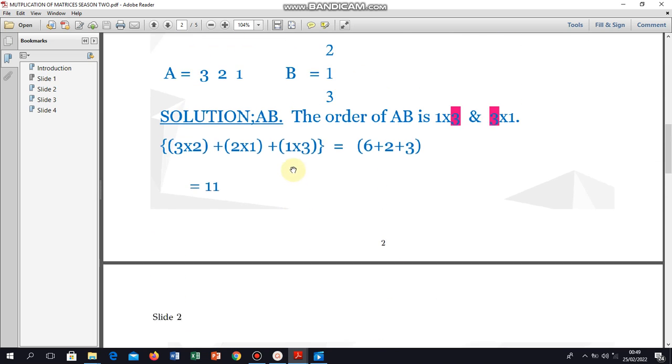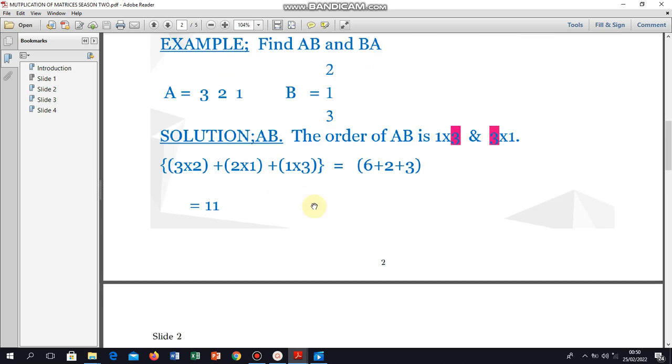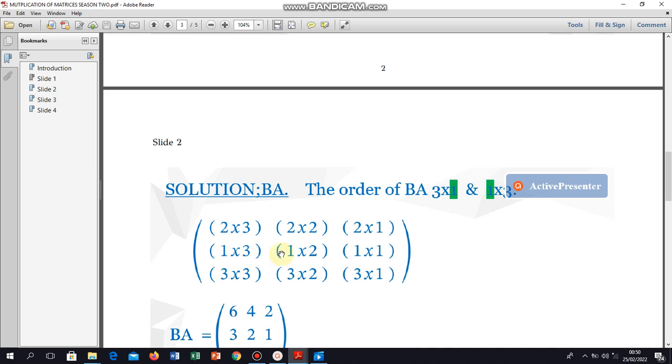So we move on again to now 1 times 3, the element of the second row, first column. Again 1 times 2, the element of second row, second column. Then 1 times 1, the element of second row, third column. Again, as you can see here, it is 1 times 3, 1 times 2, 1 times 1.